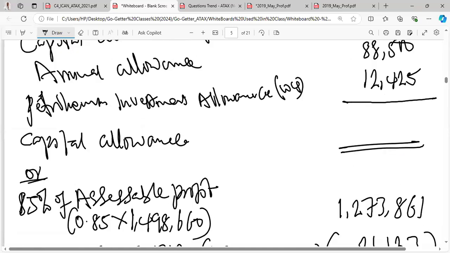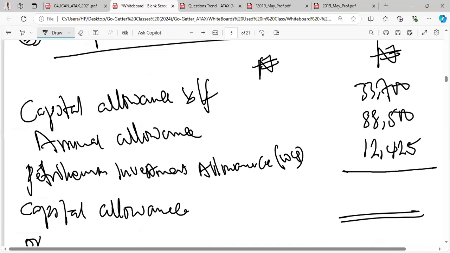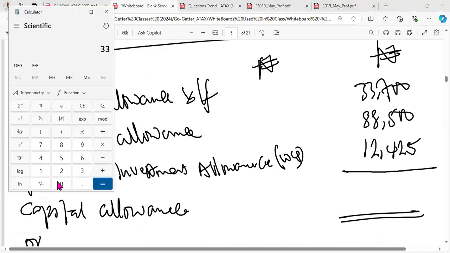So let's look at this. 33,700 plus 88,500 plus 12,425. That gives you 134,625.